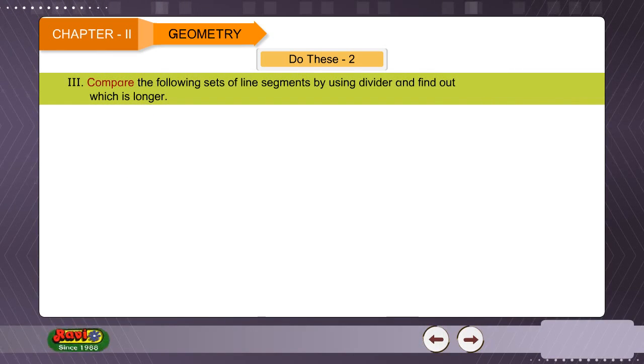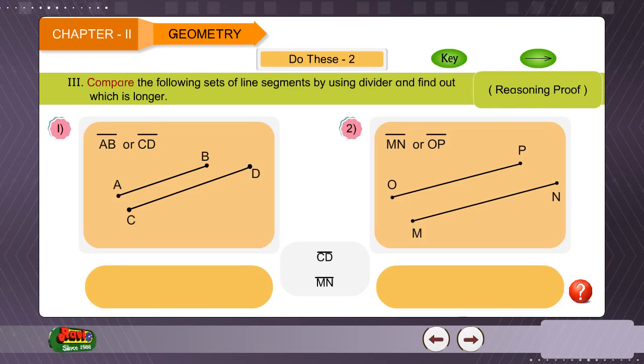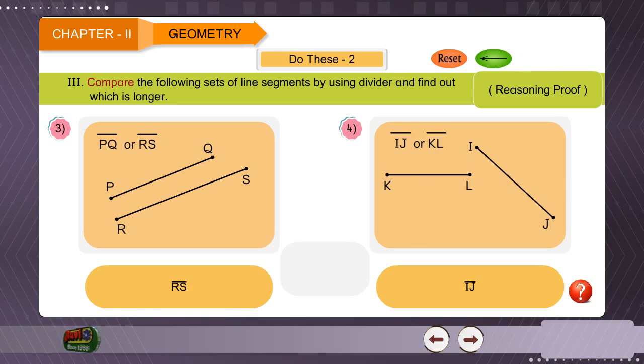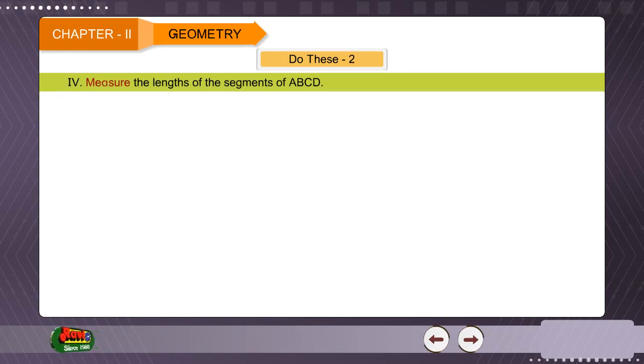Compare the following sets of line segments by using a divider and find out which is longer. 4. Measure the lengths of the segments of A, B, C, D.